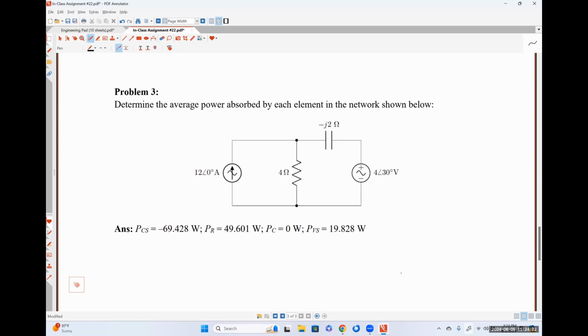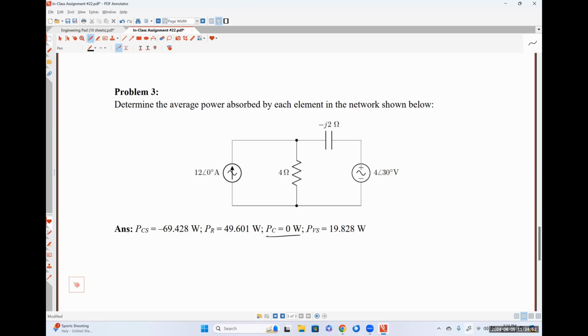So we want the average power absorbed by the sources, the average power absorbed by the resistor, and the average power absorbed by that capacitor. So let's start with something simple. What's the average power absorbed by literally any capacitor? 0. Boom. Don't need to do any work for that whatsoever.